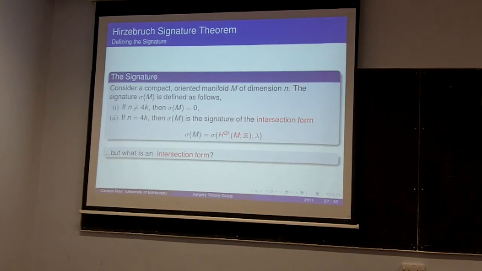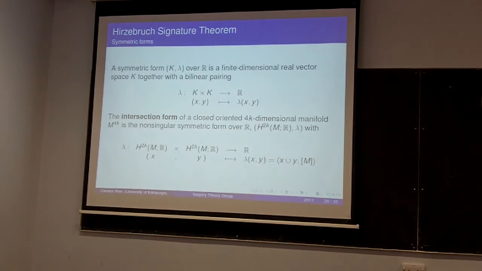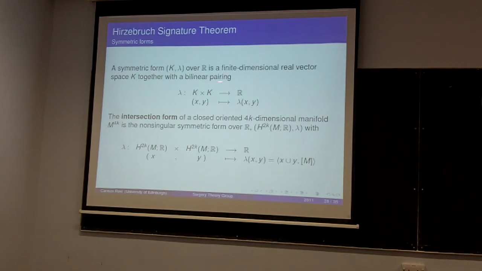Well, but what is an intersection form? So we have to define that first. Well, an intersection form, we have the definition here. An intersection form is just a type of non-singular symmetric form over R. So we look at our definition of symmetric form that I've written down up here.